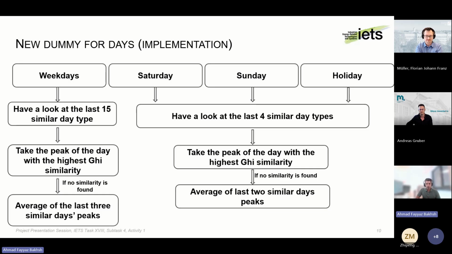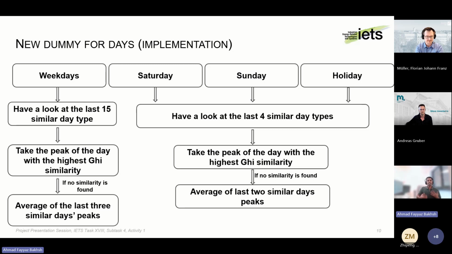In case there is no similarity, we simply take the average of the 3 most similar days. This is now even more advanced, and we are working on every hour. We simply take the 96th step of the dummy that we explained as peak level, and we put it for the day we want to forecast.